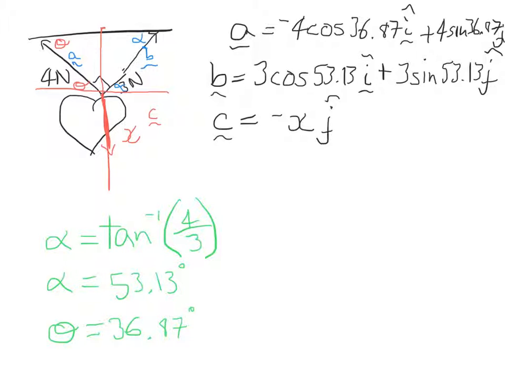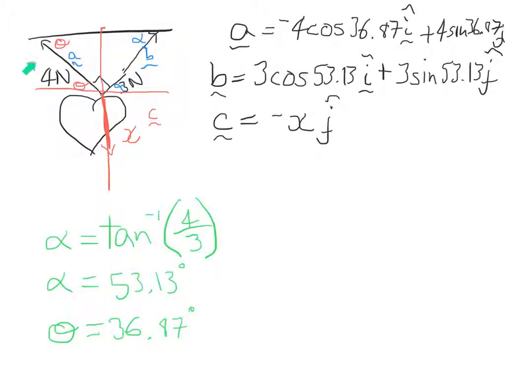Now I can find my individual vectors. Here I have my vector A, so vector A is -4 cos of the angle there. We found the angle down here. It's negative because we're on the negative x side, and that's our magnitude, which is 4.